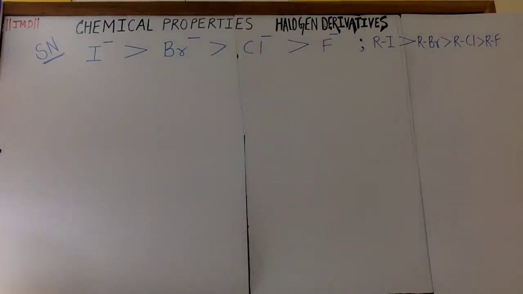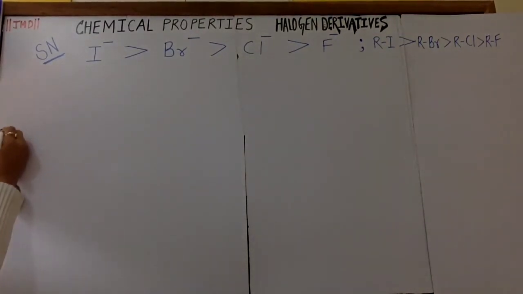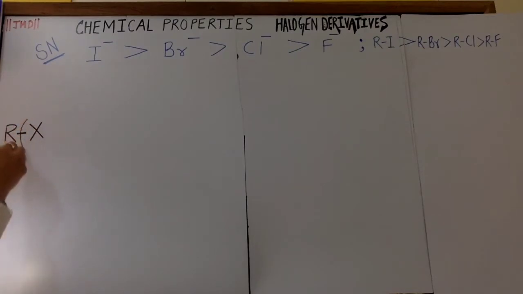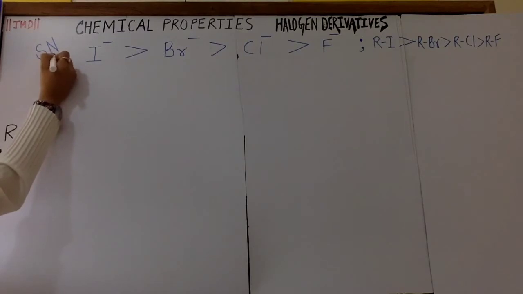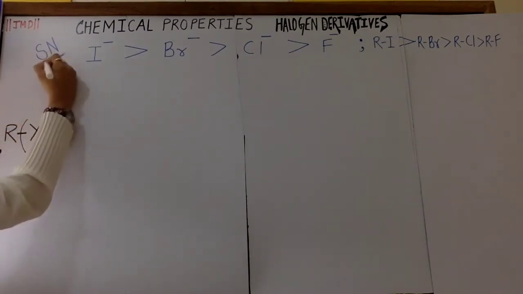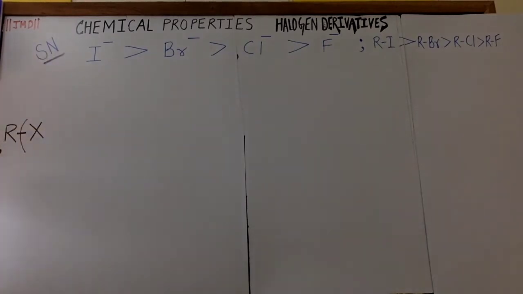Students, here I am taking an alkyl halide, say R-X. This bond will undergo fission and the halide, which is a nucleophile, will be replaced by another nucleophile. So I will be calling it nucleophilic substitution reaction.